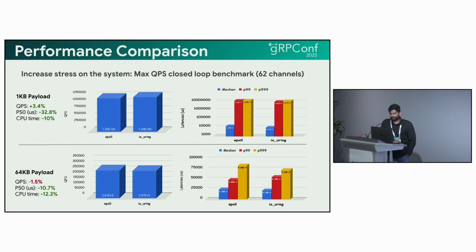Next, we tried a max QPS benchmark, which tries to flush as much data as possible. Here we see significant gains in the QPS and median latency, as well as a significant drop in the CPU time, which is the amount of time spent in the kernel and process context.